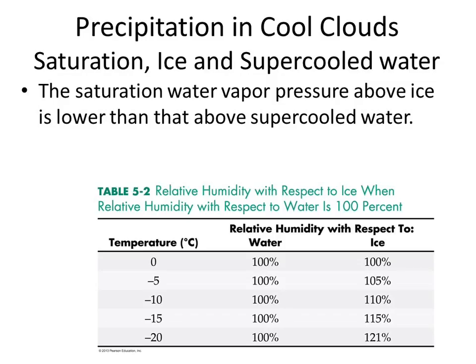But in order for ice crystals to grow, this is what you're going to see on the next slide, it makes use of... So if you already have a chunk of ice that's started, okay? And it is actually in the same environment as supercooled water.